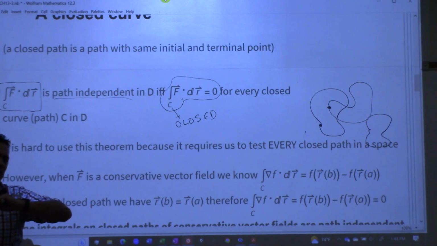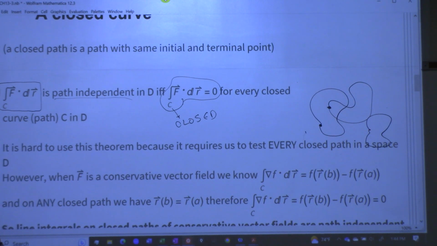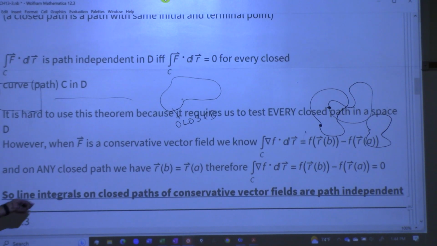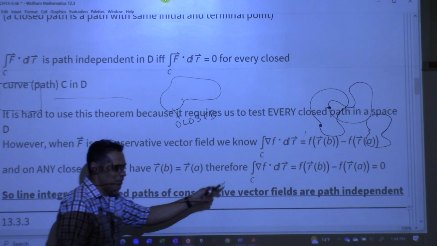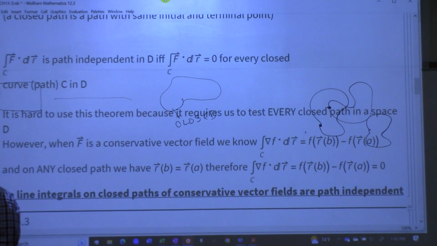But if the two endpoints are the same, then you're going to get 0 every time, right? But that only works with conservative vector fields. So that's what's in bold here, the big thing: line integrals on closed paths of conservative vector fields are path independent. So if you have a conservative vector field and a closed path, then you're path independent.